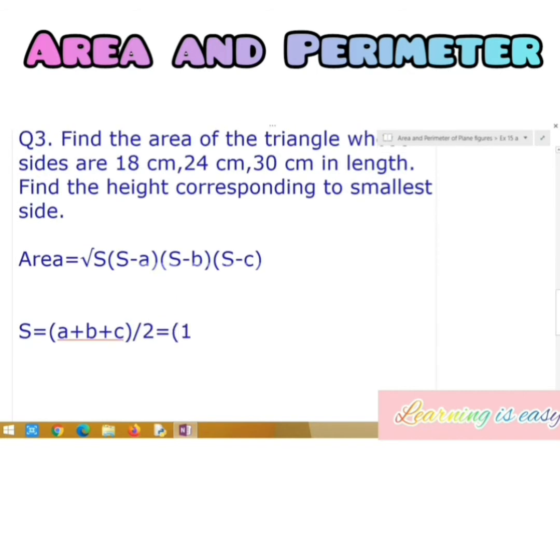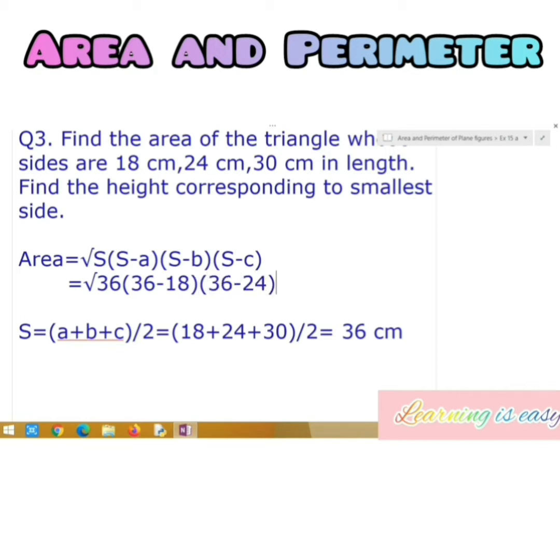So 18 plus 24 plus 30 divided by 2 gives us the semi-perimeter of 36 centimeter. By applying it in the area formula, square root of 36 into 36 minus 18 into 36 minus 24 into 36 minus 30.